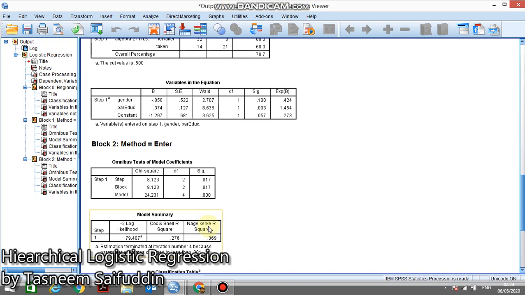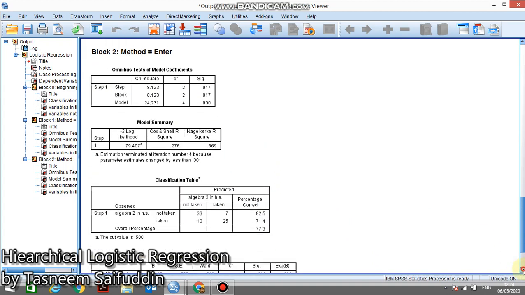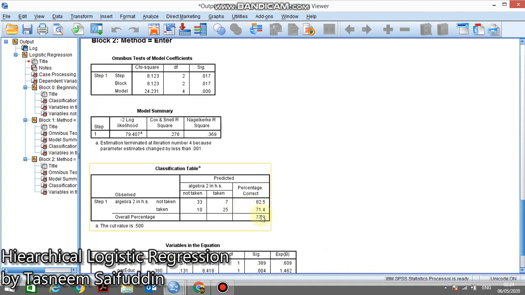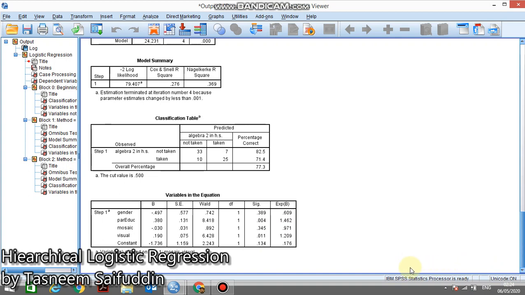Coming towards the classification table, it has been shown that the corrected percentage is 77.3. So what it is concluding is that neither gender nor mosaic is significant when all of these variables are entered together.